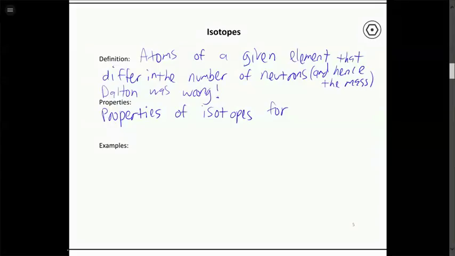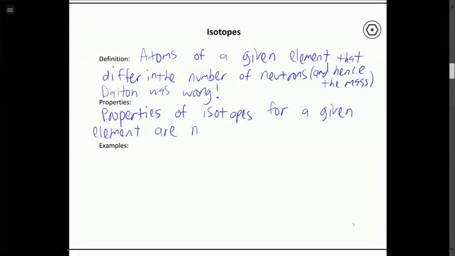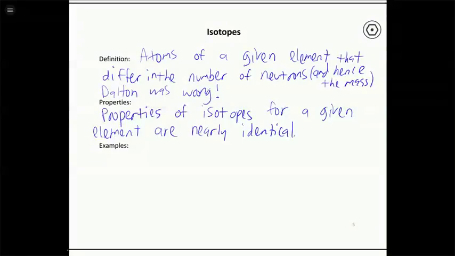Isotopes of a given element are going to have almost identical properties. Their chemical reactivity will be the same, their melting point, their boiling point, any physical property you can talk about. Which means it's often difficult to separate isotopes, but that's a story for a different day. By adding or subtracting neutrons from the nucleus, you don't change things.